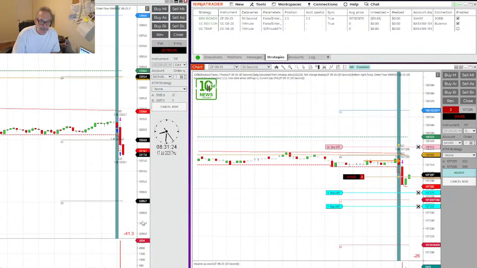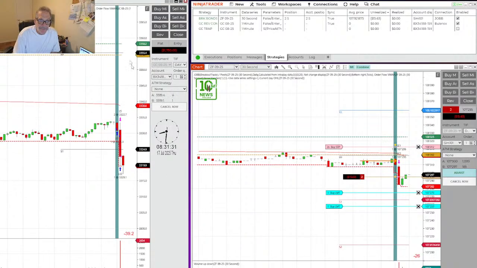Gold went down, tested the low, blew through the trap. If you look at the size, this is the first time we've had a move like this in months. The size of that move, 142 ticks. There was no way we could have had a trap trade big enough to save that.